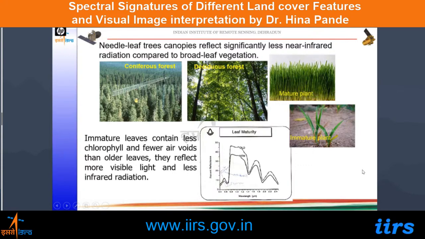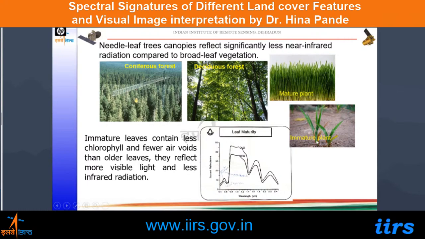Whether it is a needle-shaped leaf or a broad leaf, like in the deciduous forest. Needle-shaped leaves will be there in coniferous forest. So the amount of reflection is significantly less in needle leaf tree canopies as compared to broadleaf canopies, that is the deciduous forest.